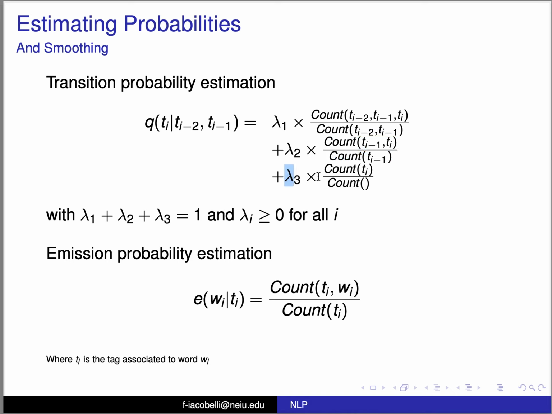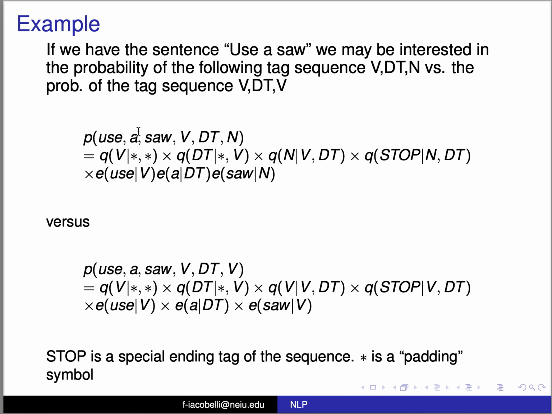And then another coefficient and you multiply the probability of the unigram, or the unitag. With all three lambdas adding up to 1, we maintain the idea of a probability distribution, where all these values add up to 1. This is called linear interpolation. So for the probability of a word here, for example, if I don't find the probability of a noun following a verb and a DT, I will multiply this by something.